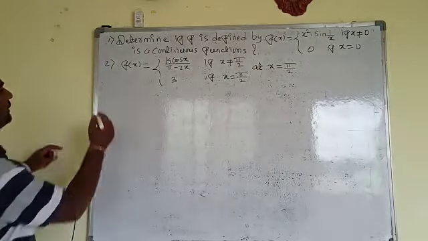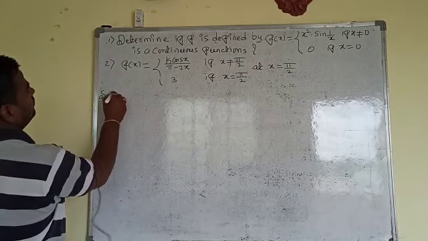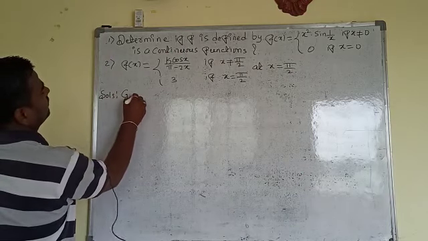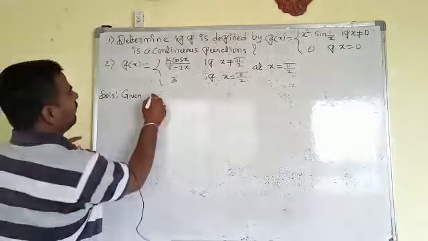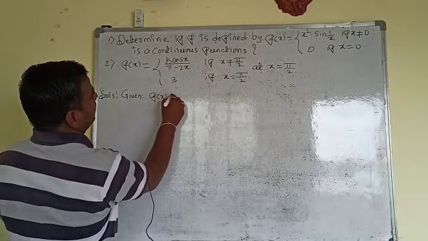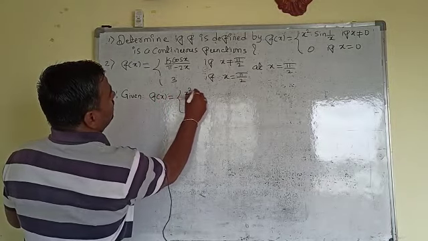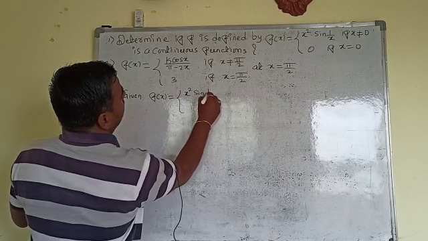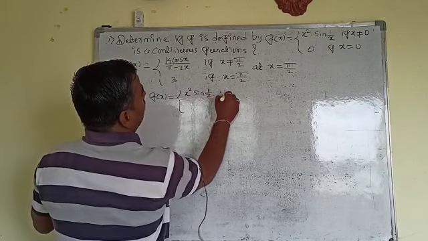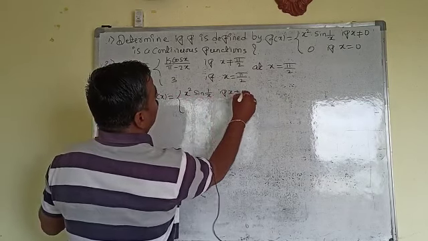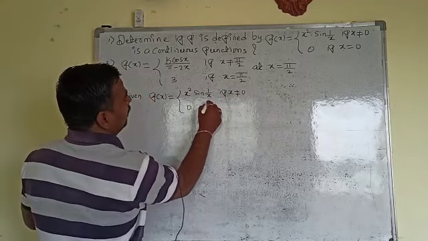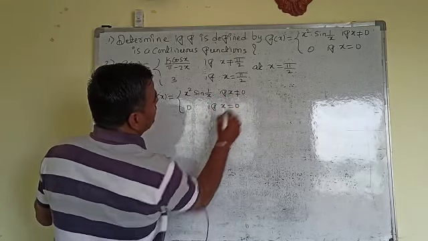Let us discuss here. Solution given, right? Look at this one. f of x is the given function: x square sine 1 by x if x is not equal to 0, 0 if x is 0.